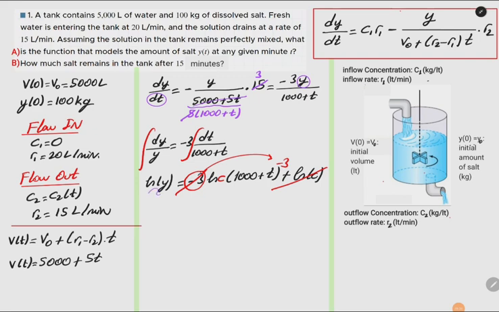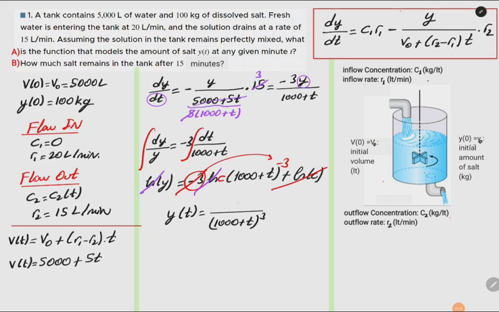Finally, I obtain ln of something on both sides. And at the end of the day, these ln terms also go away. What we are left with is the function y of t. Let's write this term in the denominator, and it is c divided by (1000 plus t) cubed.